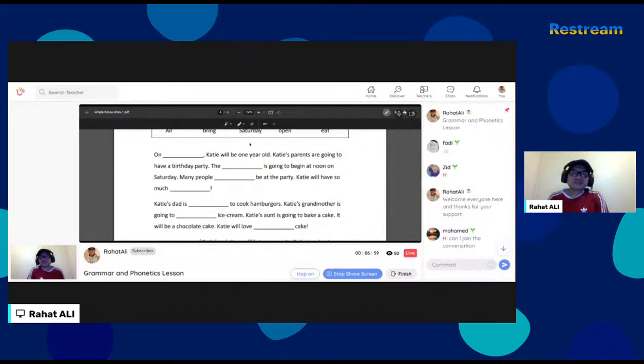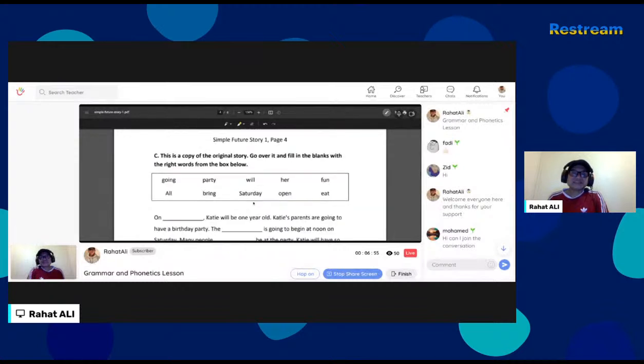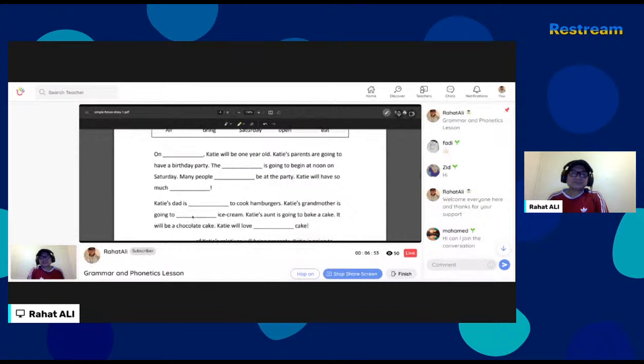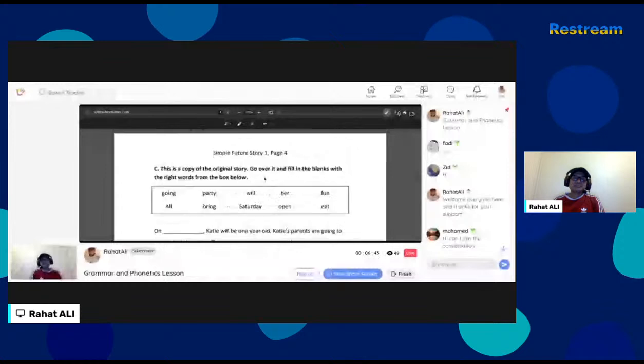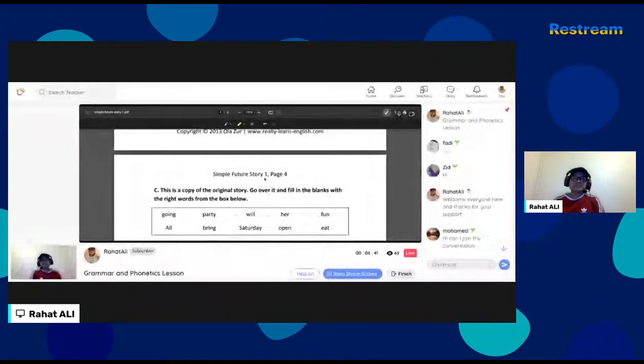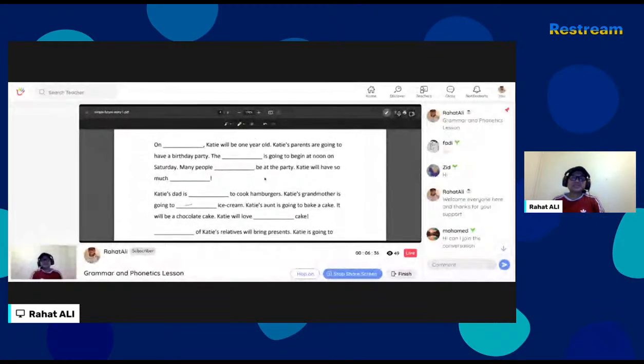Katie's grandmother is going to bring ice cream. And Katie's aunt is going to bake a cake. It will be chocolate cake. Katie will love to eat chocolate cake.